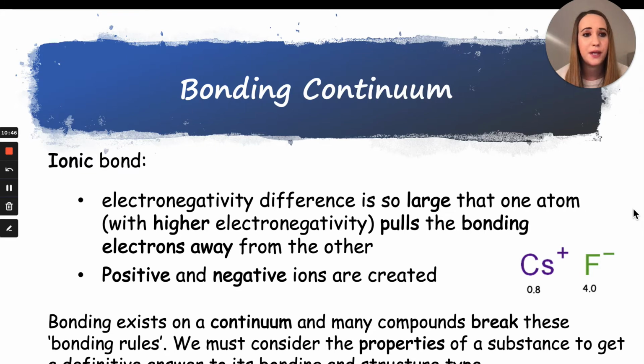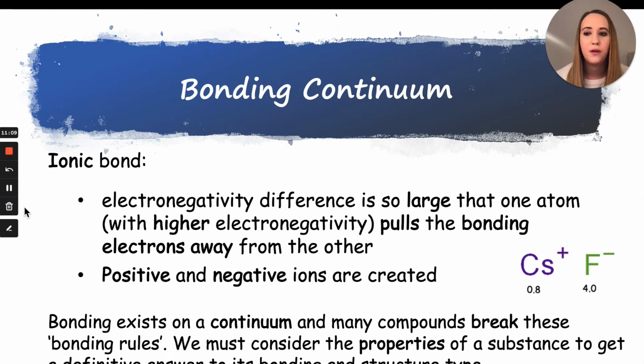But there are some exceptions, and you might see examples where the properties would actually show us, although we have a metal and a non-metal in a compound, actually it might be a polar covalent bond instead of ionic. So just something to watch out for, that we don't ignore other evidence that we might have.